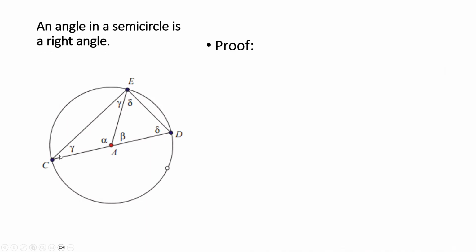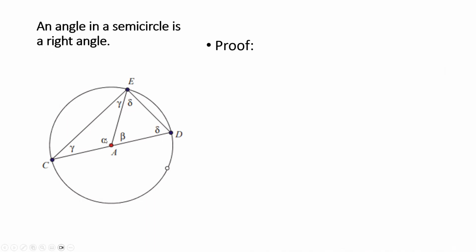And that tells me that these interior angles, again from previously, must be the same. I've labeled them gamma. It also means that AE and AD is an isosceles triangle, and delta and delta must be equal to each other because the sides are. So I have those properties.